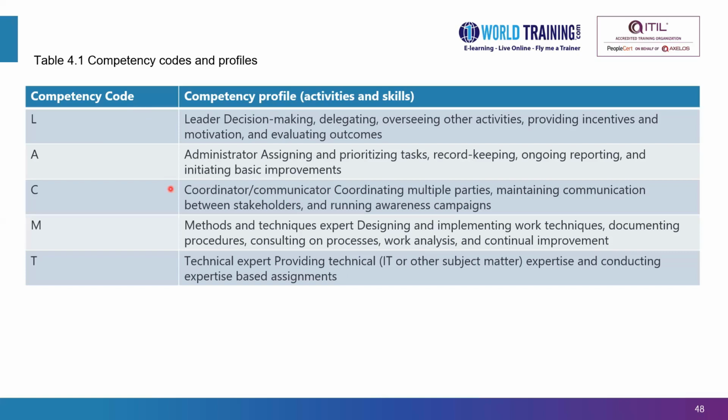They maintain communication between stakeholders and run awareness campaigns. The M for methods and techniques expert are good at designing and implementing work techniques, documenting procedures, consulting on processes, work analysis, and continual improvement. The T is for technical expert, which means they provide technical, for example IT or other subject matter expertise, and conduct expertise-based assignments.